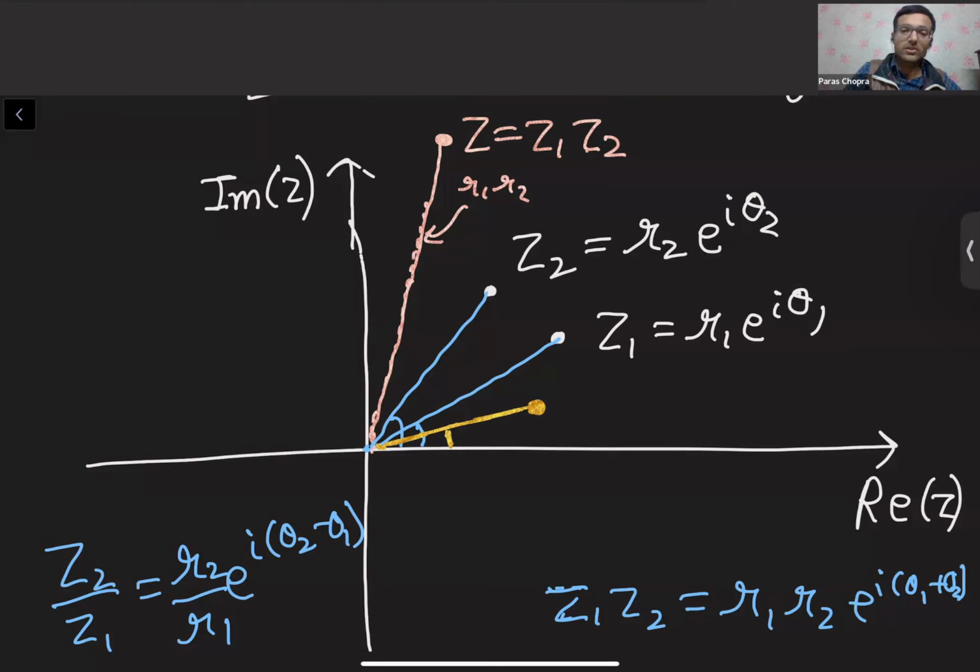So this will be the complex number represented by z2 over z1. तो डिवीजन में आर्ग्यूमेंट्स सब्ट्रैक्ट हो जाएंगे.